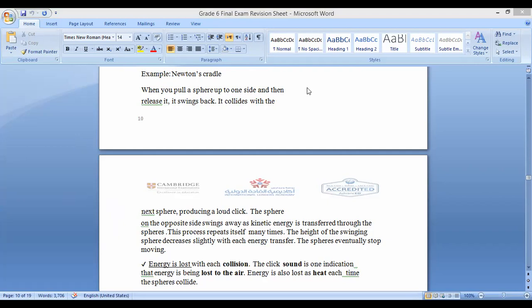Then the height of the swinging sphere will start to decrease slightly with each energy transfer, because the energy is transferred every time. They are losing energy, and the height of the swinging will decrease until all the spheres stop moving.